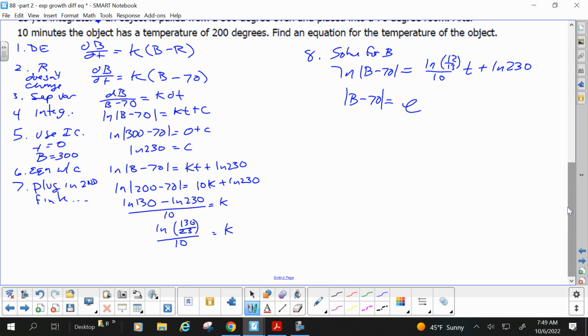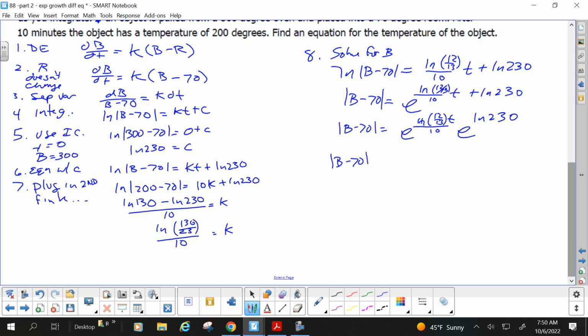E to the log of 13/23 over 10t plus log of 230. We talked a second ago how this can be split up into a product. And then you have inverses that cancel.